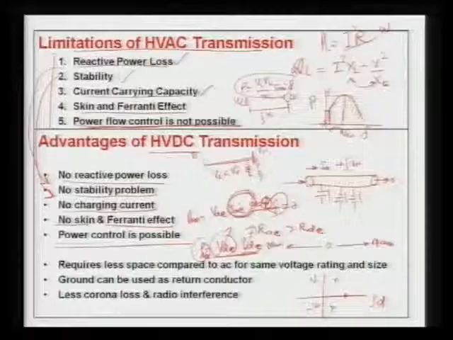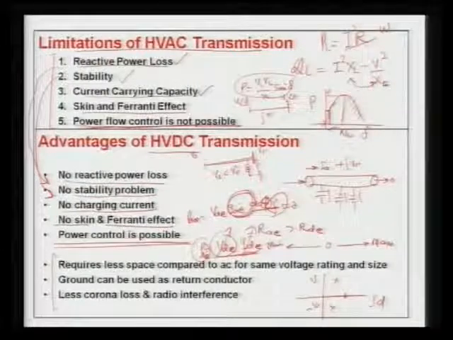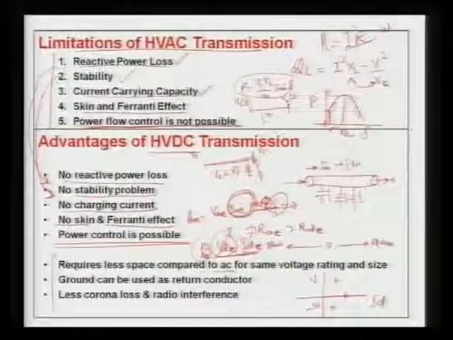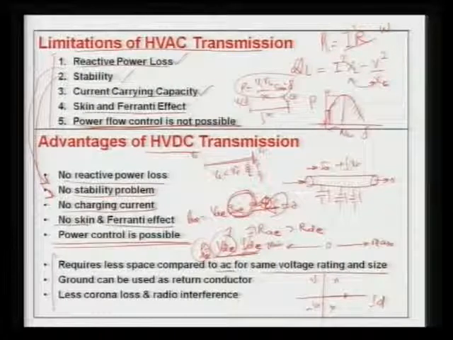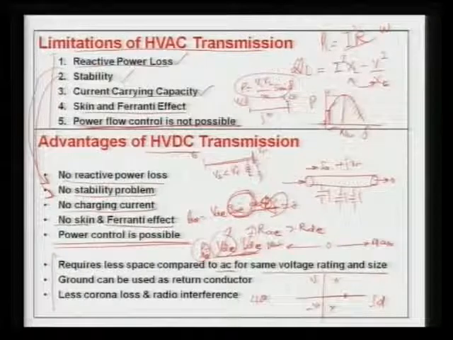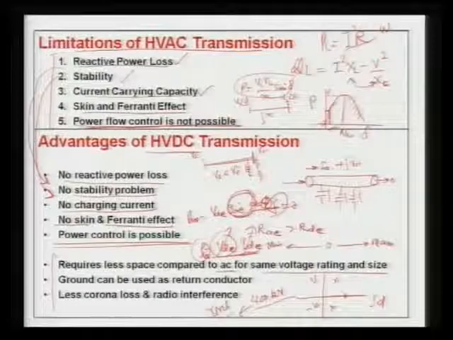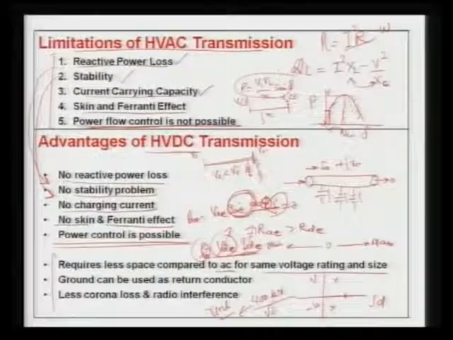So the controllability here is very much better and very effective. But some other, minor advantages are also there with the HVDC transmission system. It is said that it requires less space compared to the AC system for the same voltage rating and size. If you have, let's suppose, a 400 kV system, this 400 kV is the RMS value, so you have to design your system for its peak value, which is multiplied by under root 2, while the power calculation is at 400.